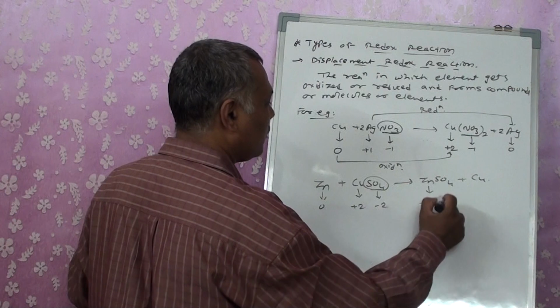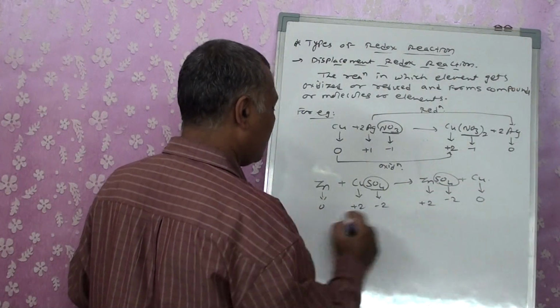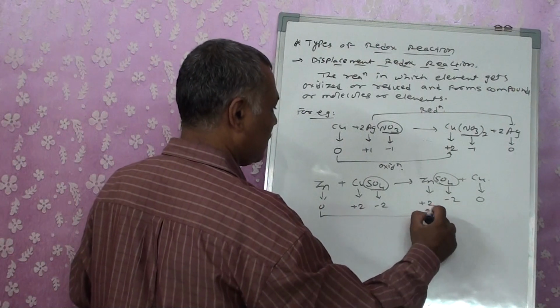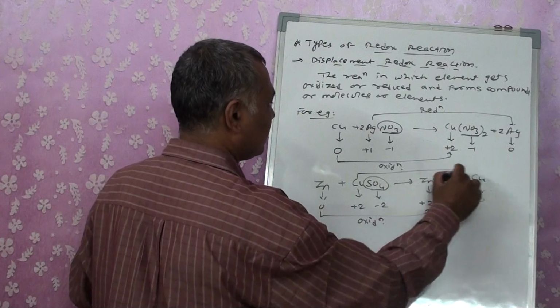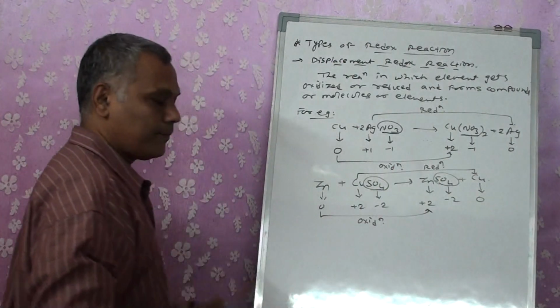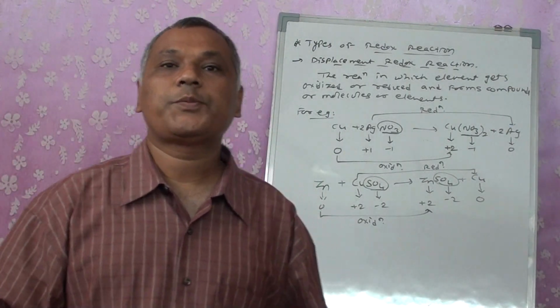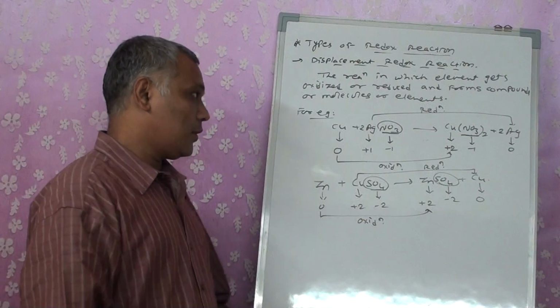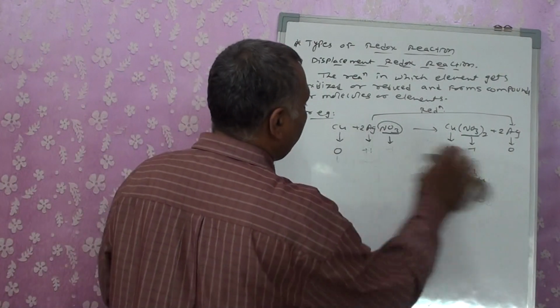This one will become +2, this one will be -2, and this is 0. So what is it? Oxidation. And this is reduction. So such types of reactions are known as displacement reactions. Right? The next one we are having.